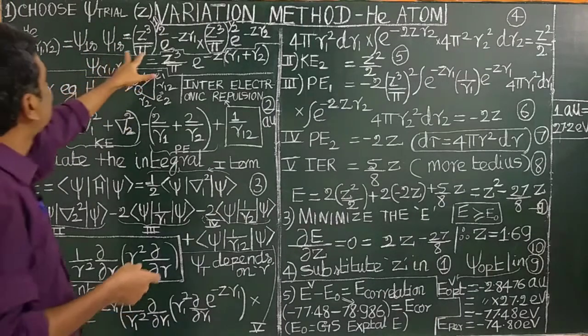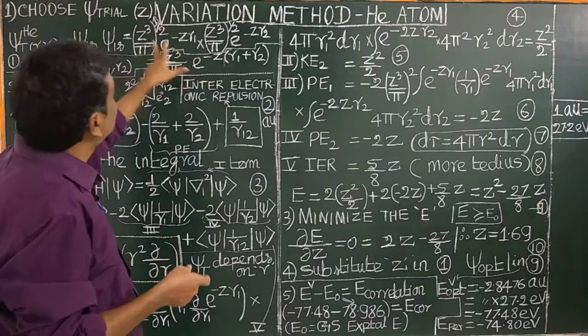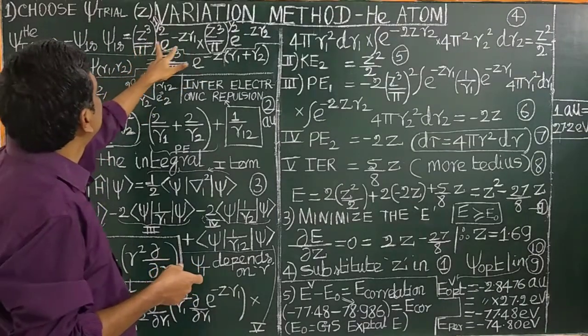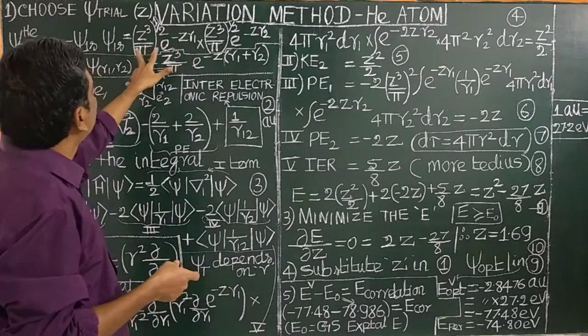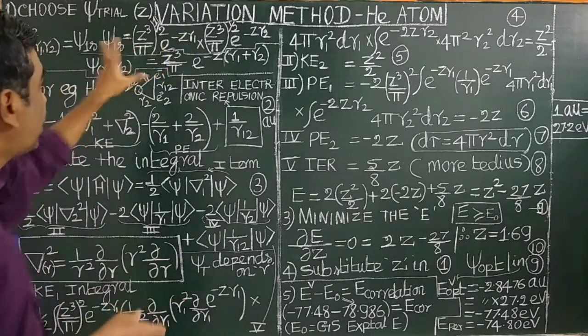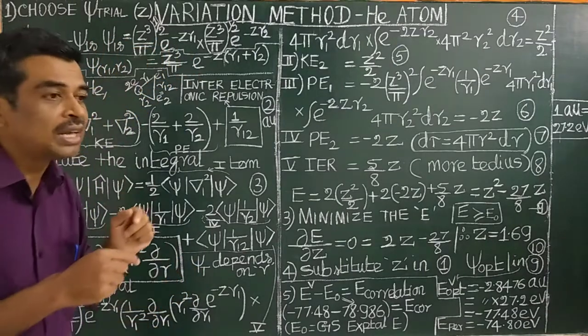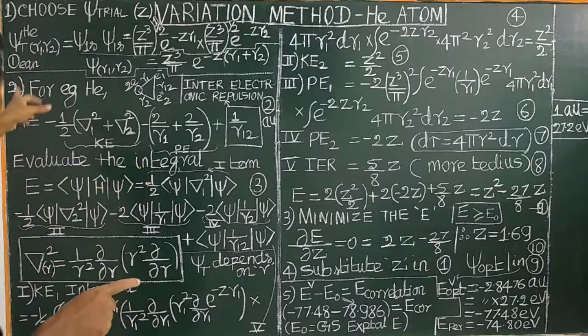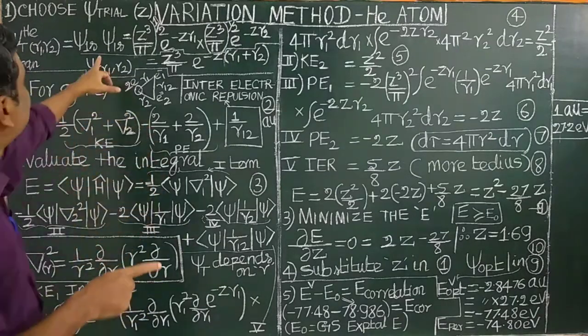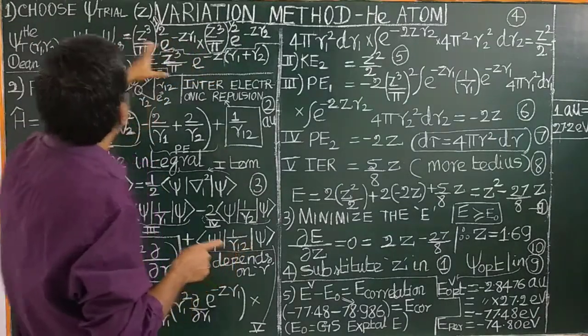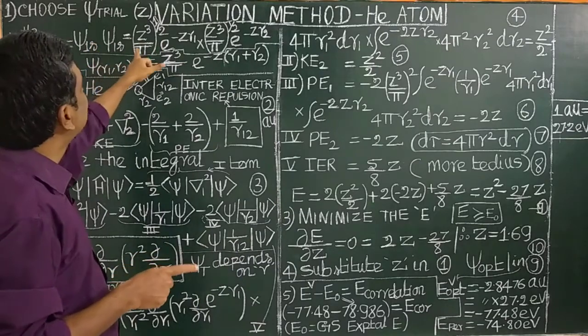We have already solved this for the hydrogen atom. This is the wave function of one electron, the 1s orbital. In the hydrogen atom it is 1s¹, in the helium atom 1s². Therefore, it is the product of ψ1s and ψ1s.